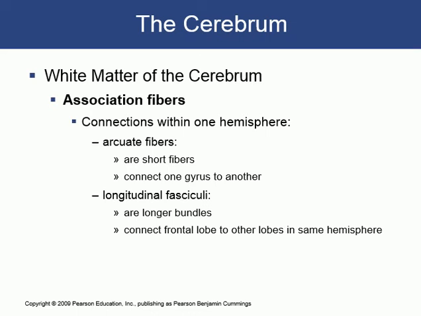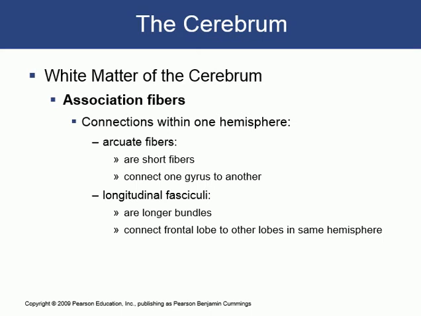If this is the brain, the brain consists of different lobes: frontal, parietal, occipital, temporal. Did you do that? If you're connecting lobe to lobe, this is called the longitudinal fibers.